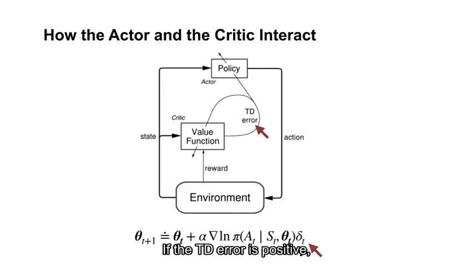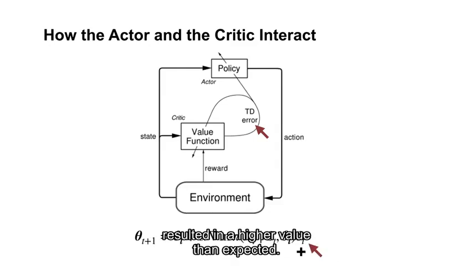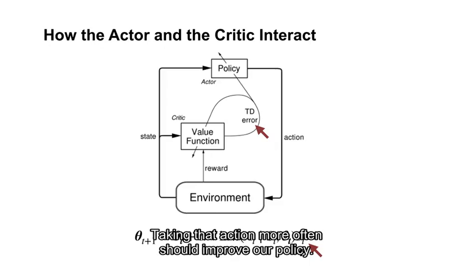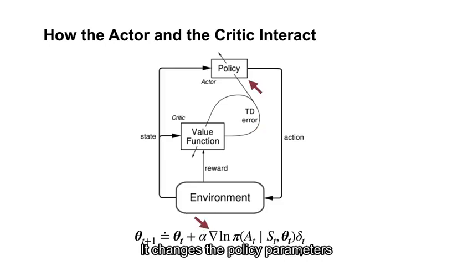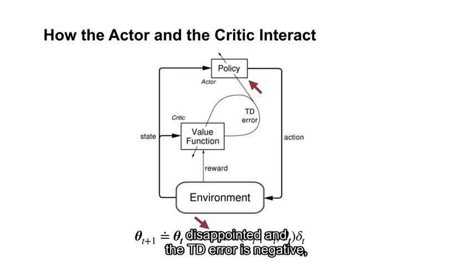If the TD error is positive, then it means the selected action resulted in a higher value than expected. Taking that action more often should improve our policy. That is exactly what this update does. It changes the policy parameters to increase the probability of actions that were better than expected according to the critic. Correspondingly, if the critic is disappointed and the TD error is negative, then the probability of the action is decreased.